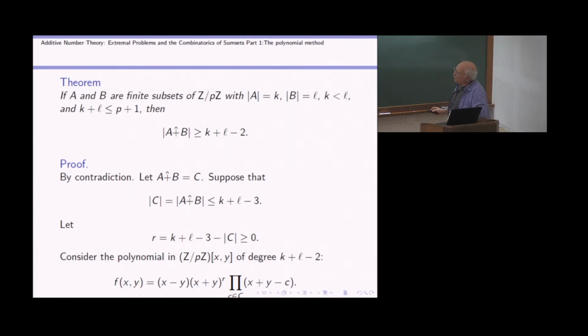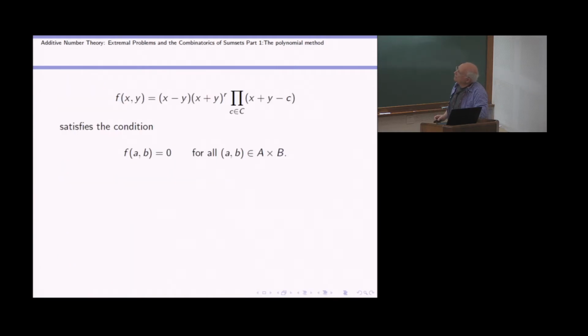We look at X plus Y to the R, times the product over every C in this set of distinct sums of X plus Y minus C, and then this additional factor, X minus Y. Now, this polynomial does satisfy the condition that for every pair A, B, f of A, B is 0. And the reason, of course, is that if A is different from B, then A plus B is a sum of distinct elements, so it's an element of C. This gives you 0. And if A equaled B, this would give you 0.